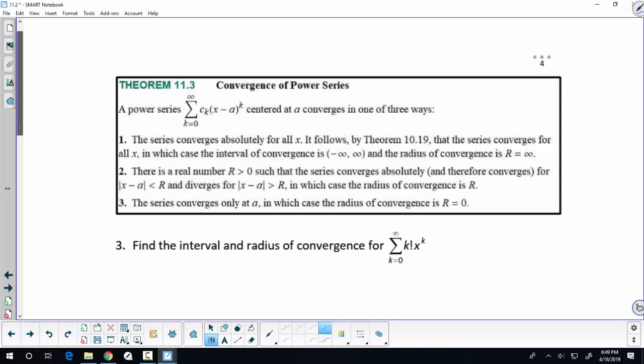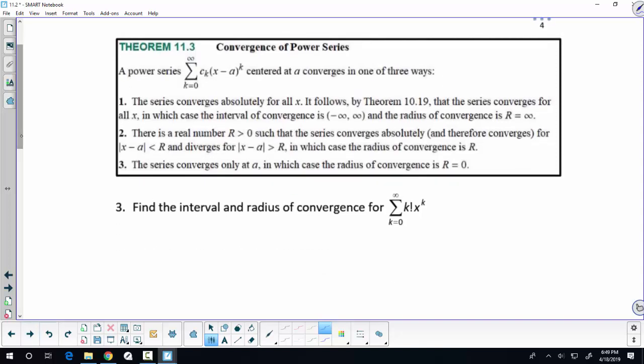Okay. So this theorem tells us basically the power series converge in one of 3 ways. Converges absolutely for all x, like we saw with that first series, x to the k over k factorial. That converged for all values. It can converge on an interval as specified in item 2, which was our last example.